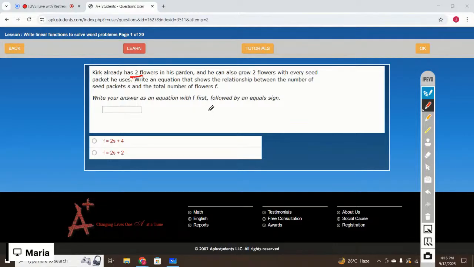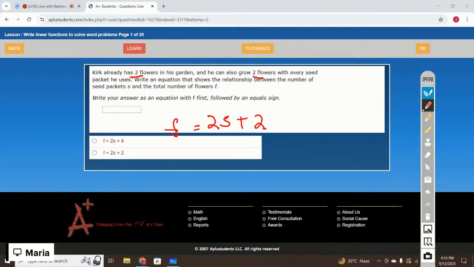So he already has two flowers, right? That means you need to add two. And he can also grow two flowers with each seed packet. So two flowers from each seed packet, and that equals F. So F equals 2S plus 2 is the equation. Option number 2 is the correct option.